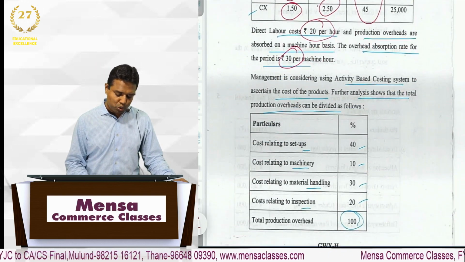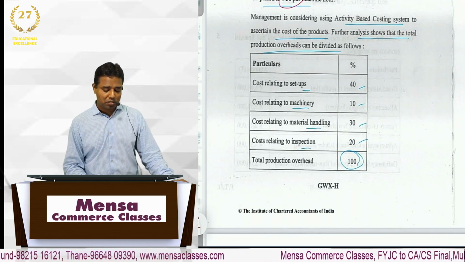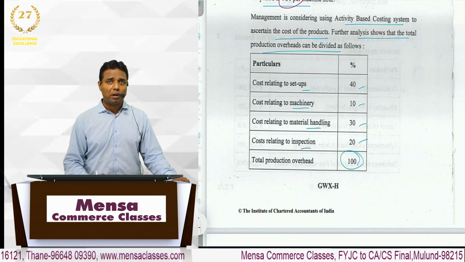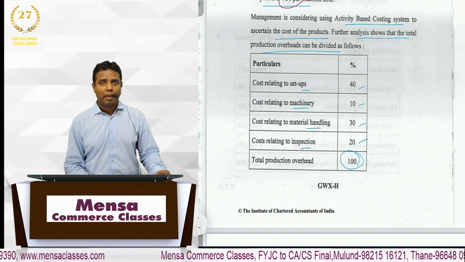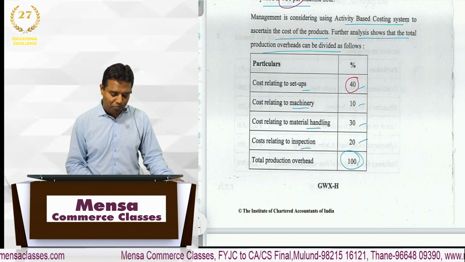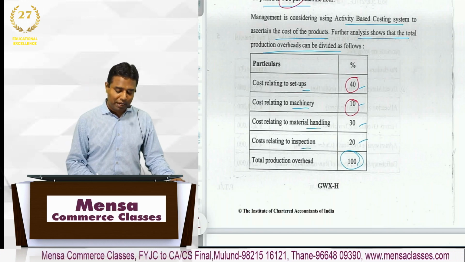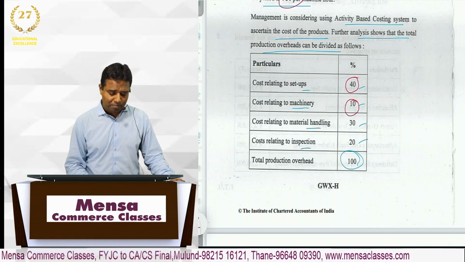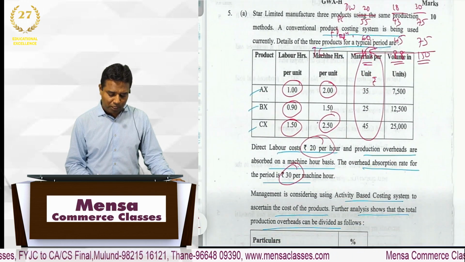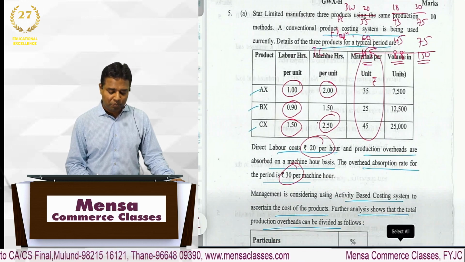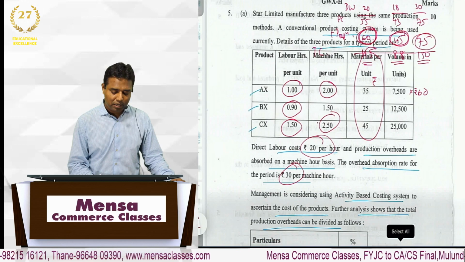Next we are supposed to do the ABC, activity based costing. In activity based costing, they have not given the total production overheads. So we have to calculate the total production overhead using the conventional method. And out of that, 40% will be setup, 10% is machine based, and so on. So how do I get it? Very simple. We know the volume, and we know the production overheads per unit: 60 rupees, 45 here, 75 here.